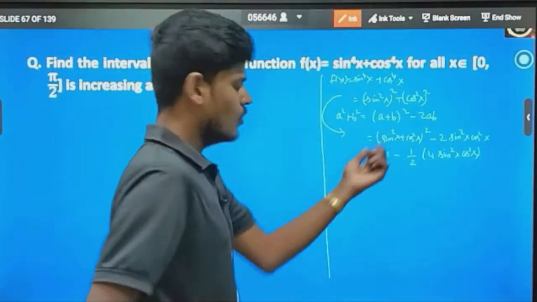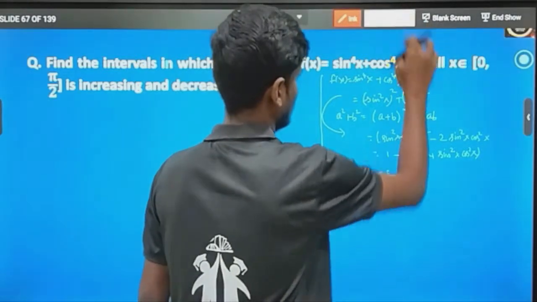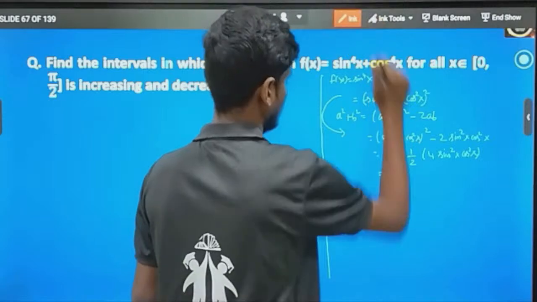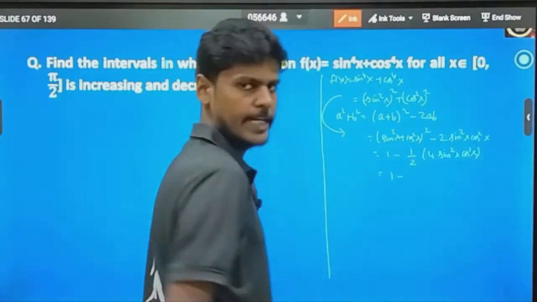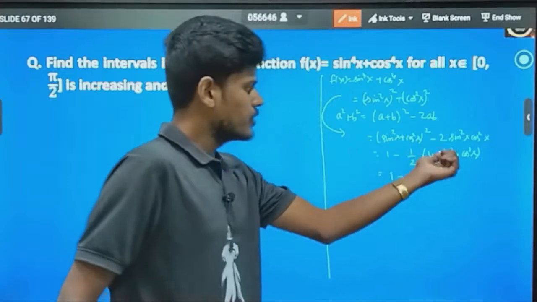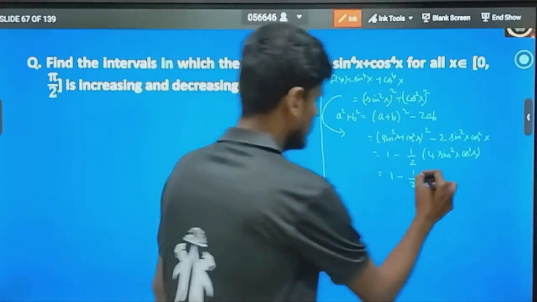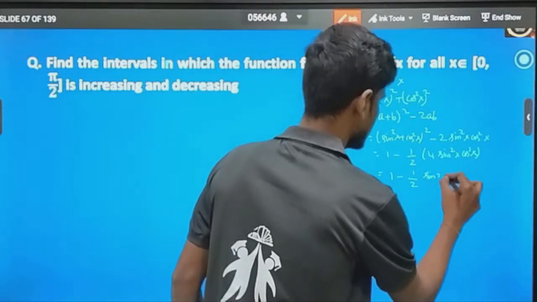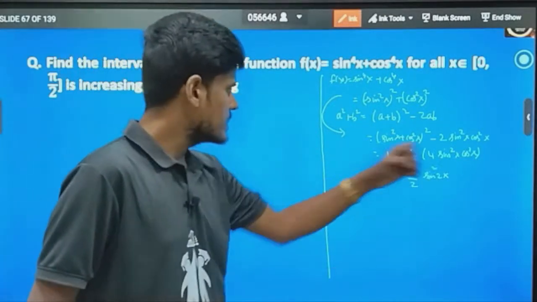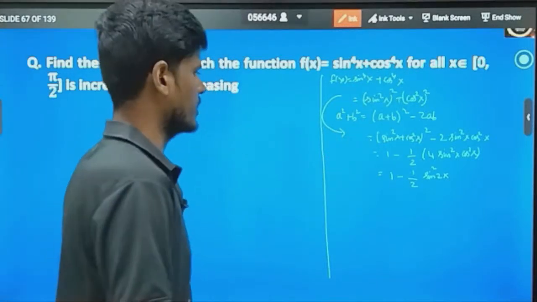Now this value is nothing but 2 sin x cos x whole square, that is nothing but sin 2x square, that is sin square 2x. So this is the actual simplification of sin power 4x plus cos power 4x.